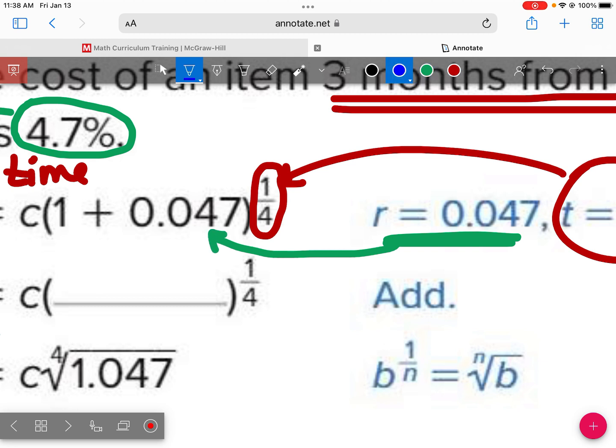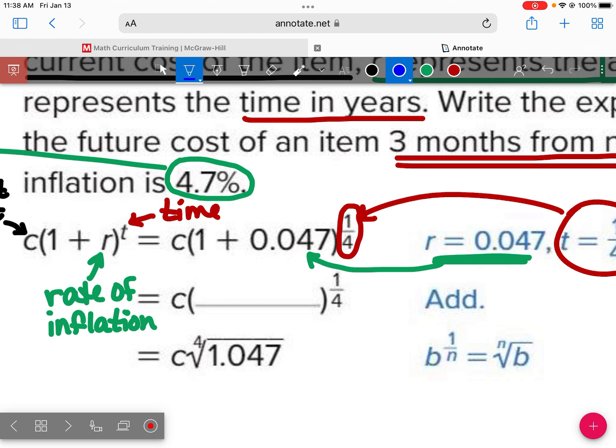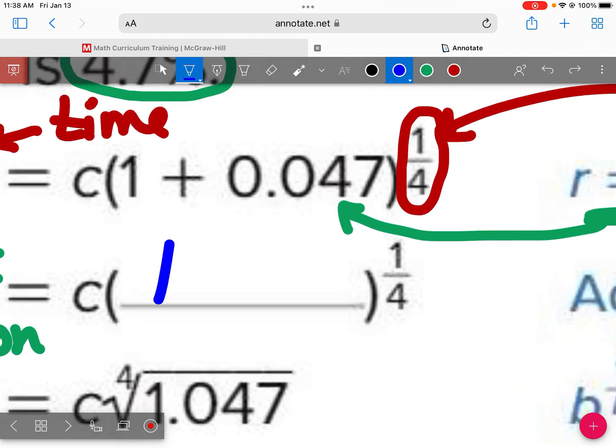Are there any like terms here that I can combine together? The 1 and what? 0.047. What happens when I add 1 and 0.047? 1.047.